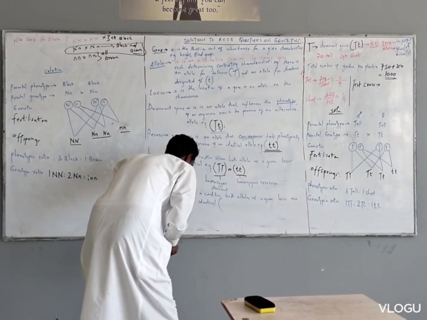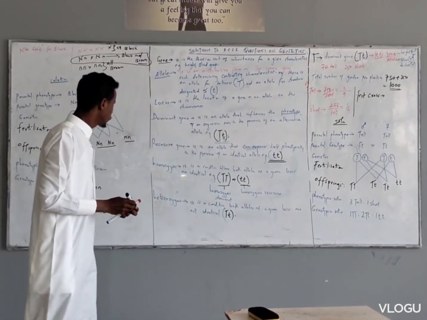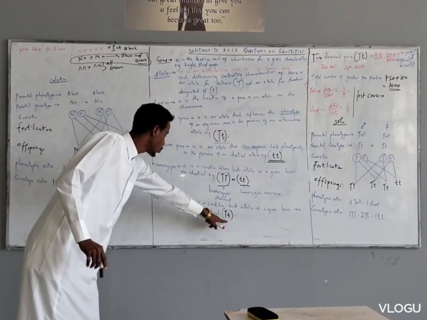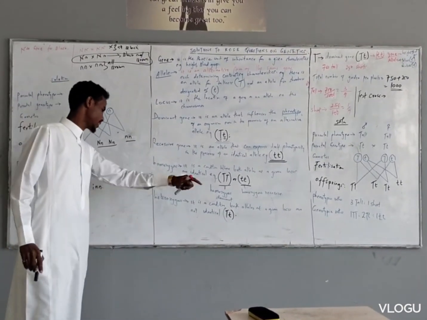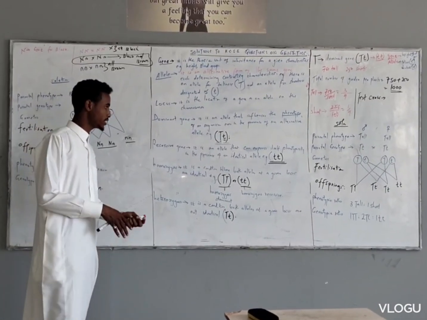For example, you have a scenario like this. In such a scenario, these two are not identical, they say heterozygous. Now what's the meaning?